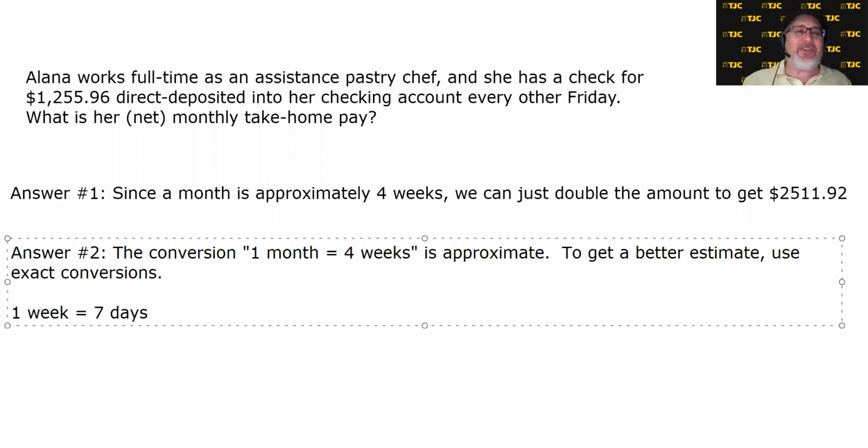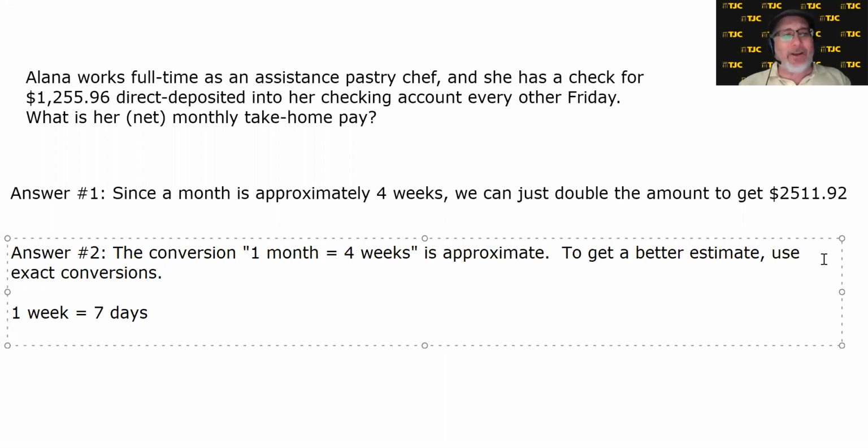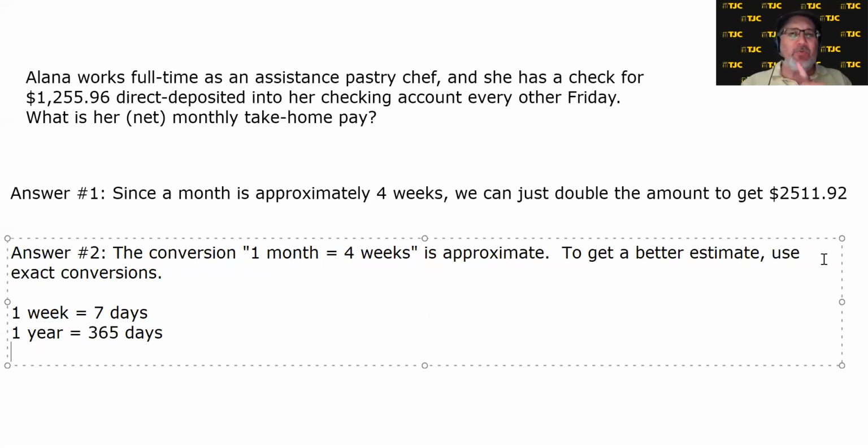This doesn't mean she works 7 days; it means if we took her paycheck for a week and divided it by 7, that's on average how much she gets each day. 1 year equals 365 days. Even that one's not super precise on leap years, but the discrepancy is small enough that we can disregard it. And 1 year equals 12 months, which is non-negotiable ever since the days of Julius Caesar.